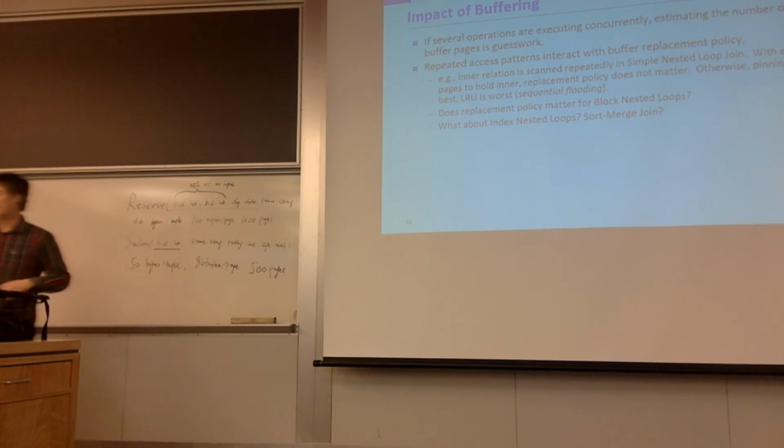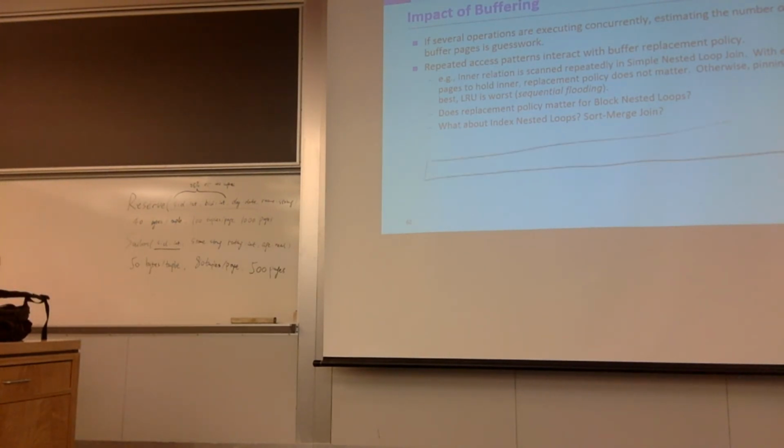Well, what's the problem? It's a problem called sequential flooding, right? If you have a large file like this, and you only have a small amount of buffer pages, once you start reading the pages here one by one, you are going to replace the furthest accessed page in the buffer.